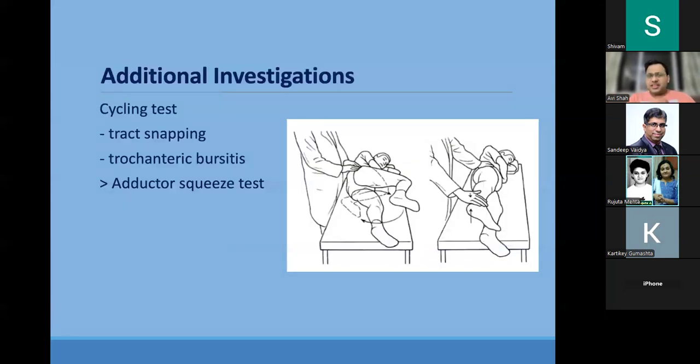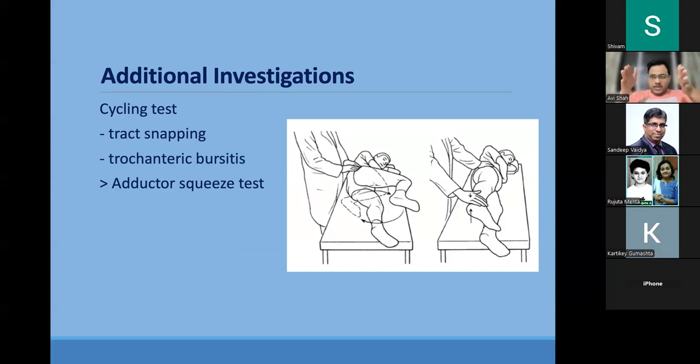There are certain additional tests for snapping and for trochanteric bursitis which you can do. But from these, I would say two important tests. One is the bicycle test. The bicycle test combines most of the tests that we did before for your abductors and the gluteals, by just making the patient lie in the lateral position and doing a bicycle motion. And the other is the adductor squeeze test.